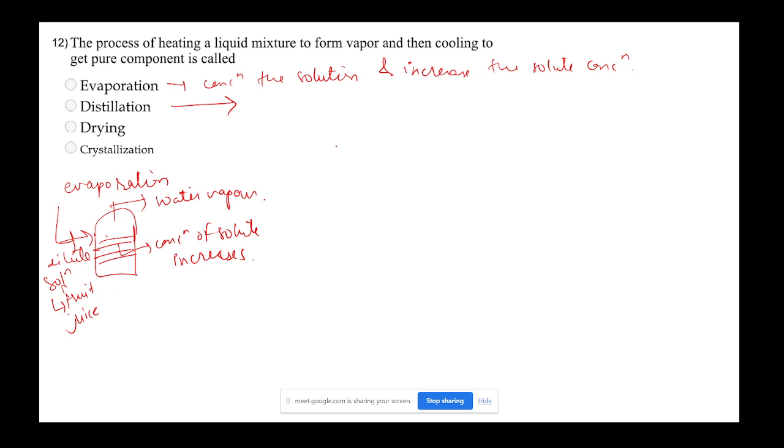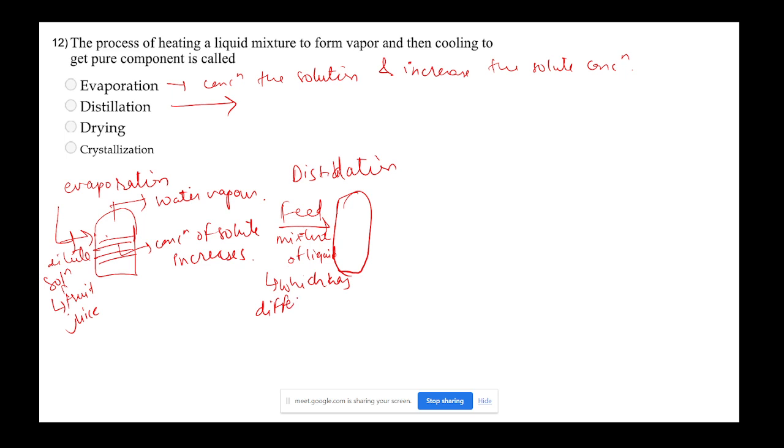Next is distillation. So distillation is obviously the answer. Distillation is the process where, say for example, you have a feed which is a mixture of liquids which has a difference in volatility, or you can say a difference in boiling point.